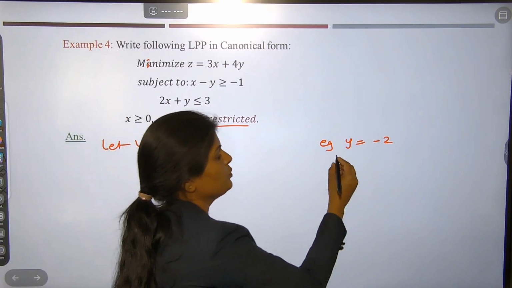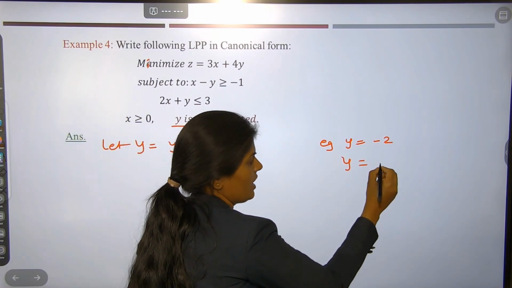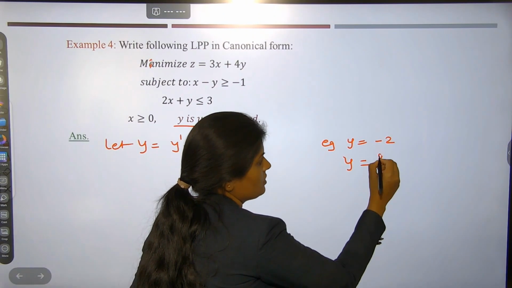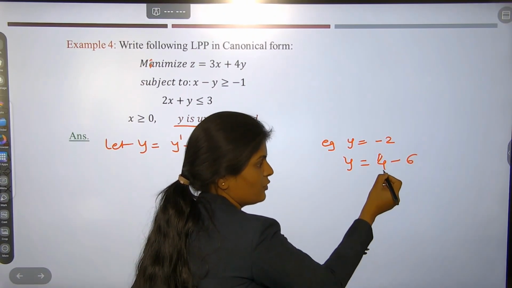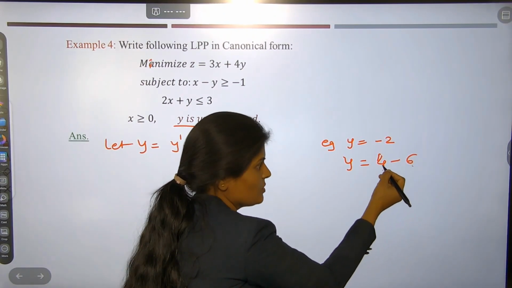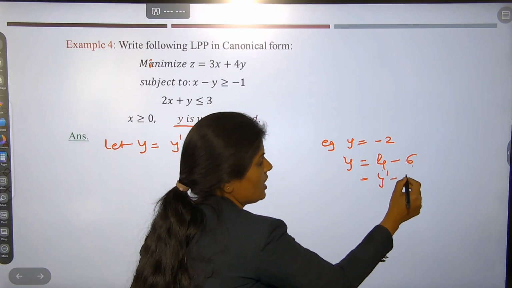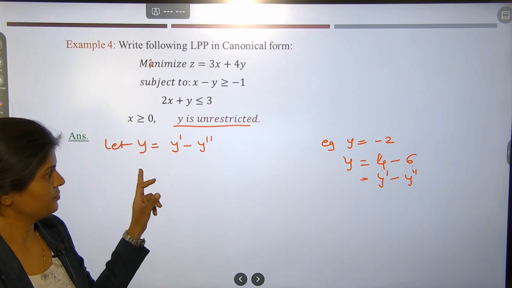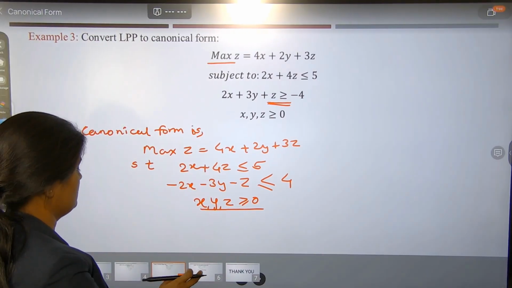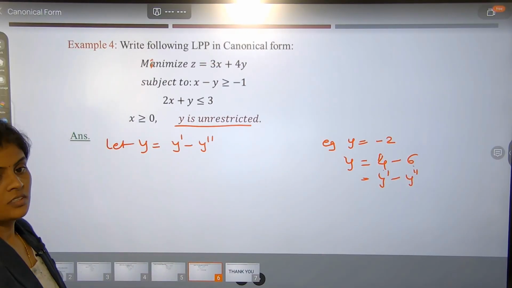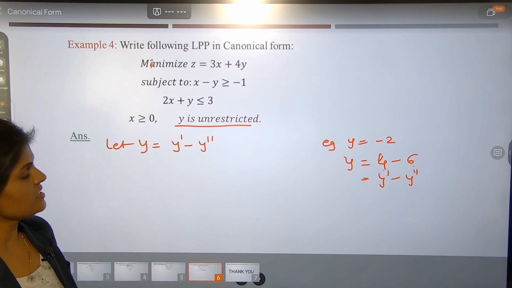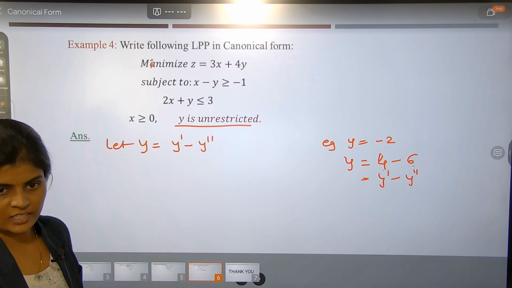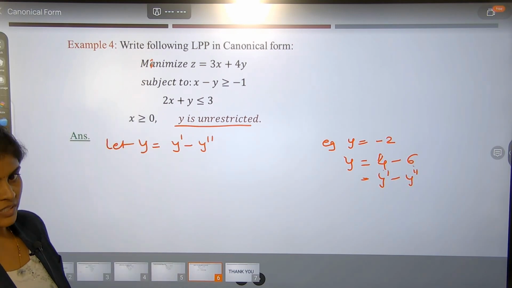For that we replace it as 4 minus 6, where 4 is positive and 6 is positive. Similarly, this is y dash and this is y double dash. Now replacing y equals y dash minus y double dash, we convert this LPP into canonical form.